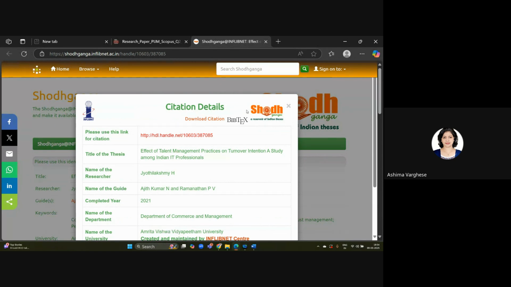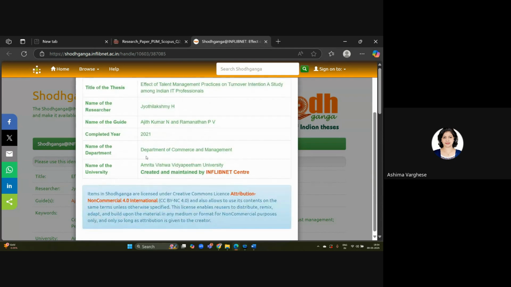This is the citation detail of that thesis, effect of talent management practices on turnover intention, a study among Indian professionals, which I have shown you. This is the name of the researcher, name of the supervisor, the year in which it was completed, the department name, and the university name, Amrita Vishwa Vidyapeeth University, created and maintained by INFLIBNET Centre.